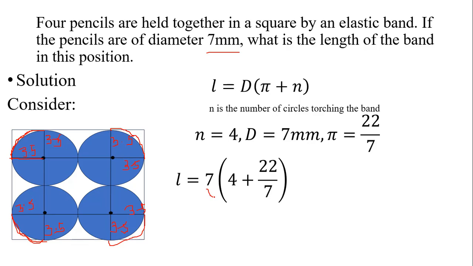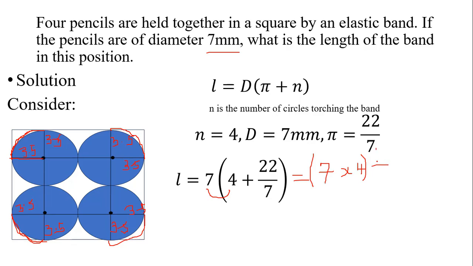If I open this bracket, 7 times 4 gives me 28.